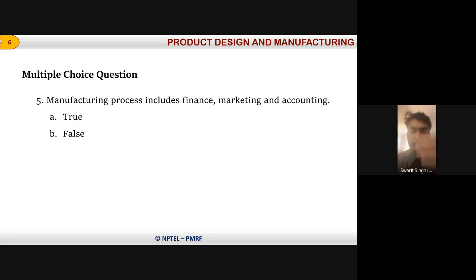No, so the person or the team which is responsible for this manufacturing is never involved with the finance or marketing or accounting, right? So it is done by some other special person. Manufacturing is basically done by some production engineer or a team of production engineers or the workers on the production line, using the machine or using the process to form the component or to convert the raw material into a useful component.